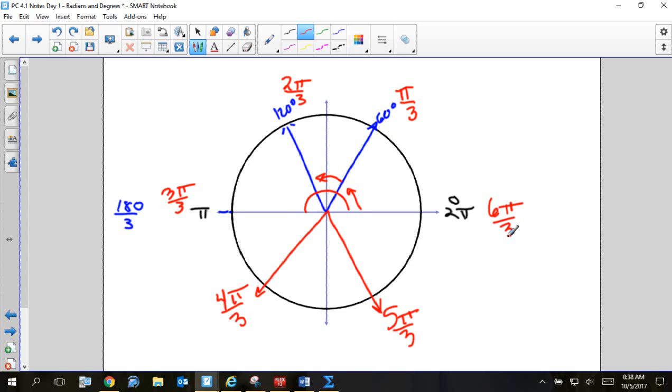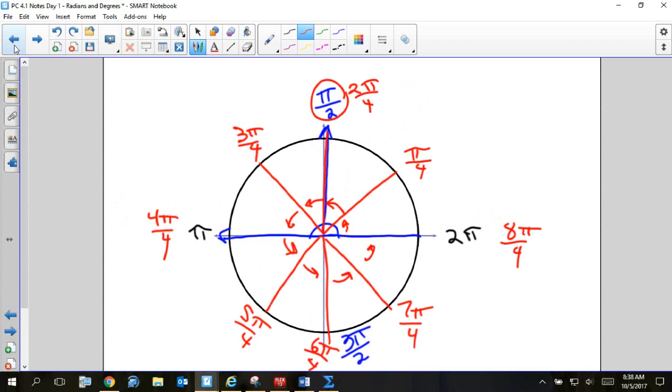Where would 7 pi over 3 be? It would be one more, and it would be the same as pi over 3. And if they're the same, those are called coterminal. We're going to do that in a moment. Okay, so these are the pi over 3s. The 60-degree angles are the pi over 3s. By the way, I didn't say this earlier. I'm going to go back and say it. What angle was the pi over 4?